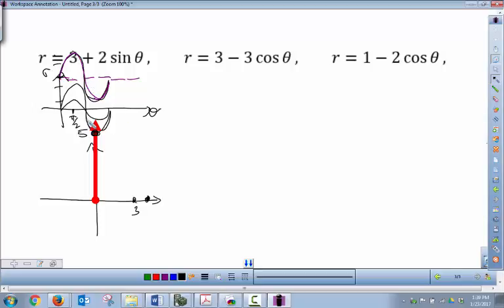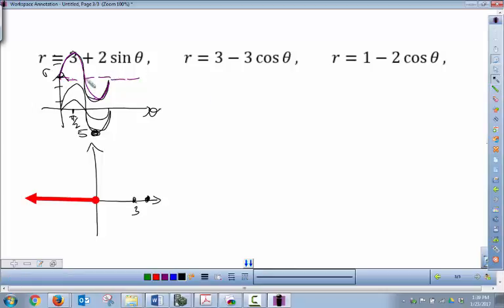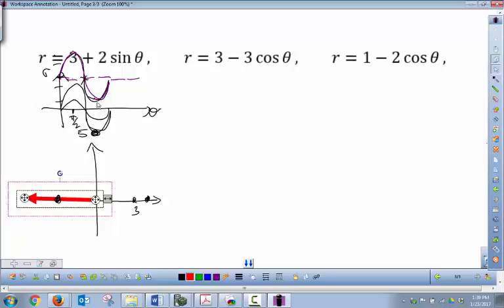And then when I get to pi, I'll be at the midline again, so I'll be back at 3. And then this will be my lowest point when I get to 3 pi over 2.